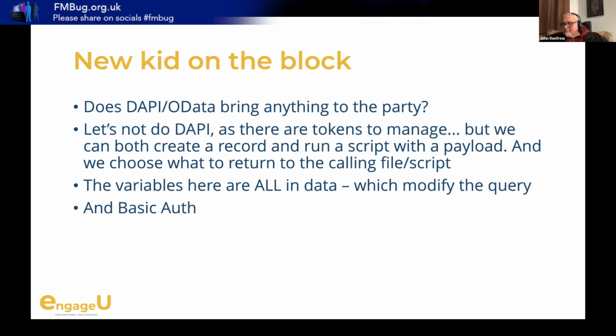So clearly, my question: what do we get from our new API methods? We're not doing DAPI because there are lots of tokens to manage and it's 3 times as many calls. But we can both create a record and run a script with a payload and choose what we get back by running a script in OData.